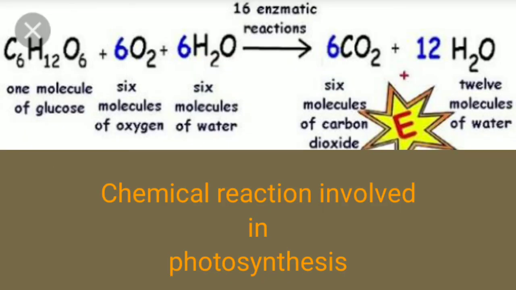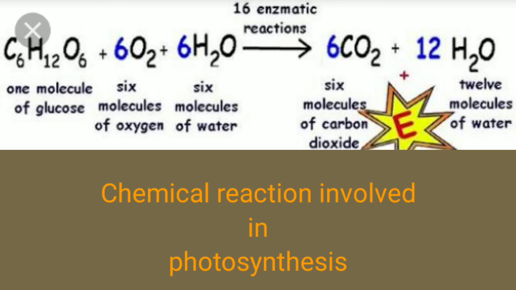So in order to produce one glucose molecule, it requires 6 carbon dioxide molecules, and the 6 oxygen molecules are produced by splitting of 12 water molecules, and we get 6 water molecules along with the glucose molecule from the whole process involved in both the light reaction and the dark reaction.